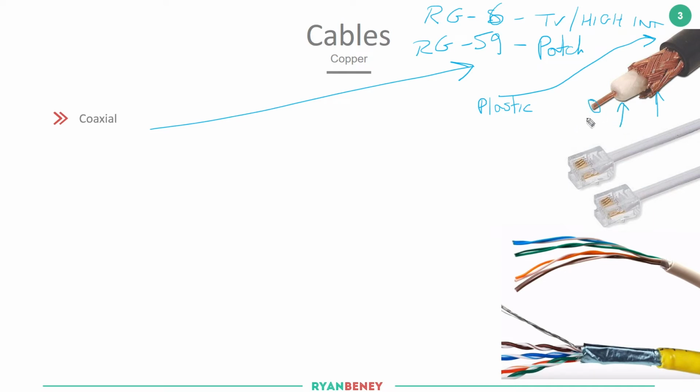Now this type of cabling was used in the old 10Base5 and 10Base2, which is primarily known as thick net, and something else called thin net.